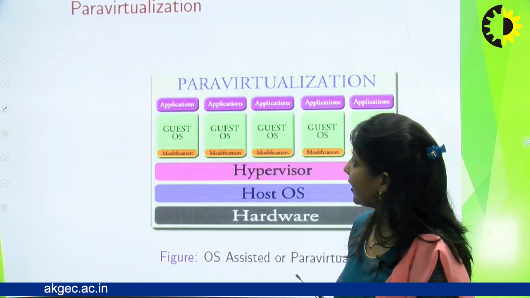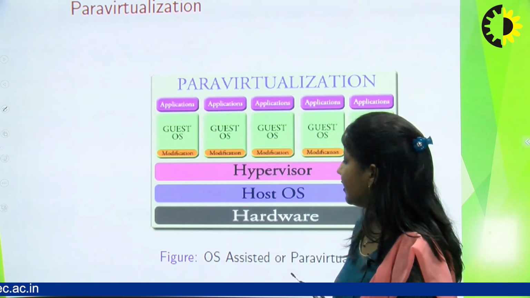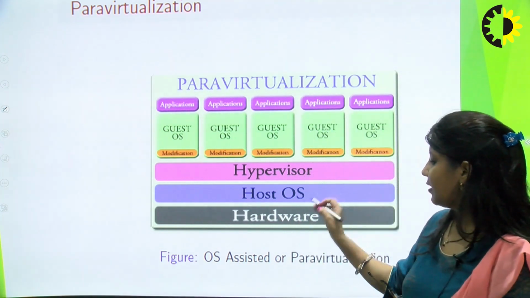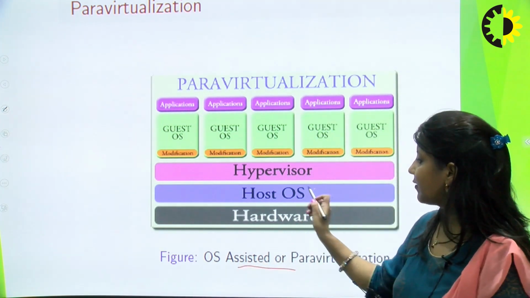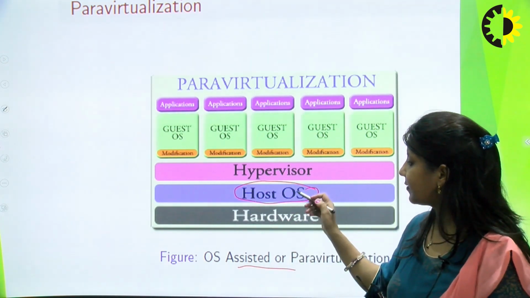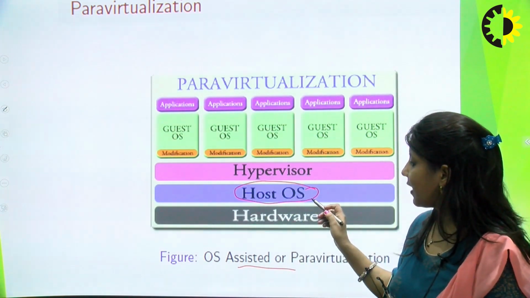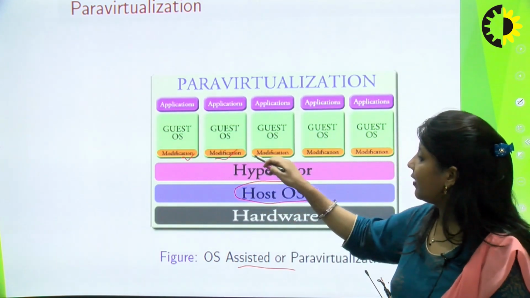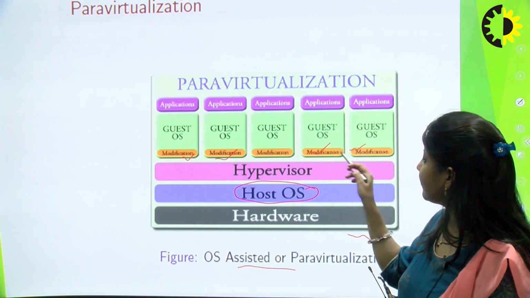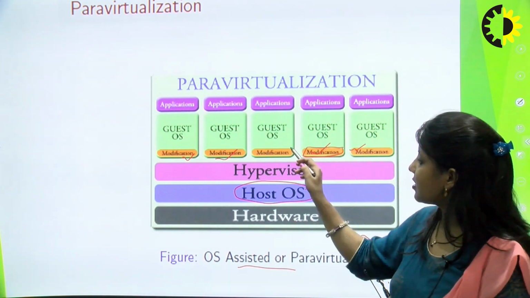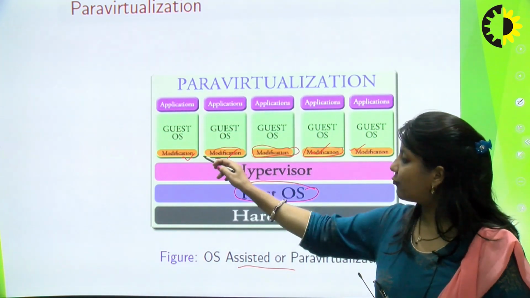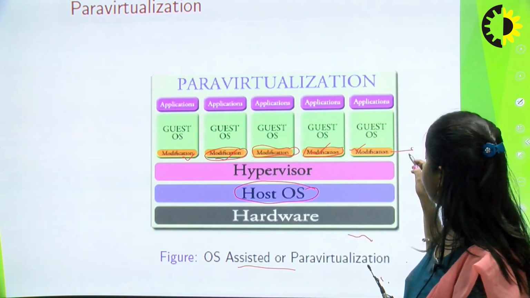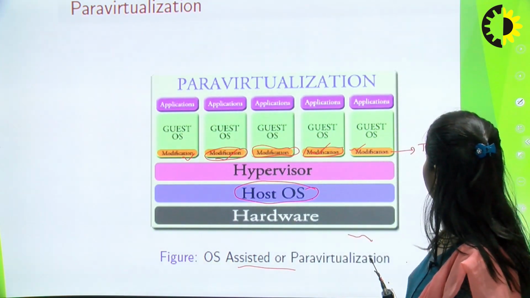This is para virtualization, and it also can be host based, OS assisted para virtualization, where we have the host operating system at the top of the hardware, then the hypervisor gets installed, and again we have different guest operating systems, but here modification is required. The OS will get modified when it generates any trap for executing system calls.